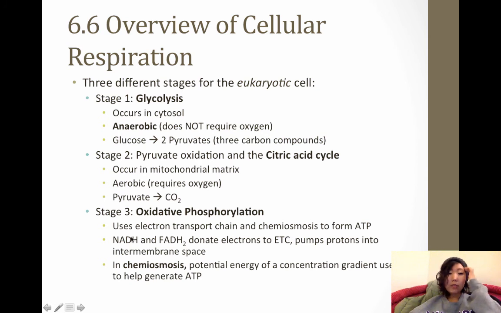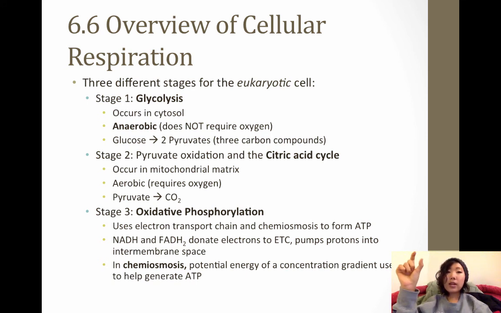What happens is those electron carriers that were produced in stage 1 and stage 2 donate the electrons to the electron transport chain, which, as electrons are falling, pumps a bunch of protons into the intermembrane space. Remember, that's the space between the inner membrane of the mitochondria and the outer membrane of the mitochondria.